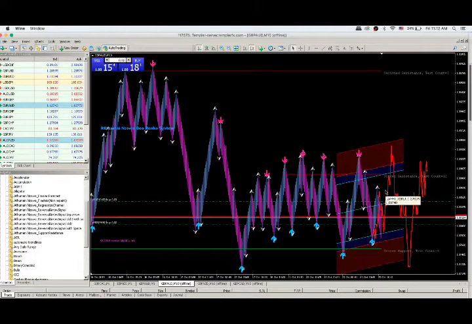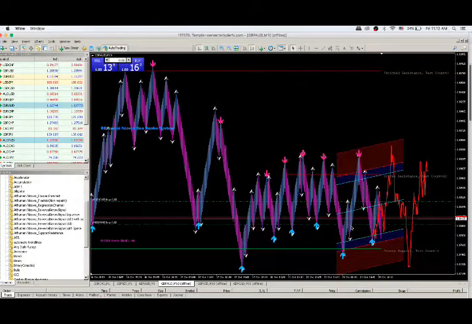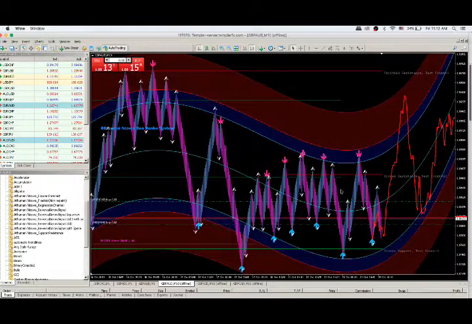Before, I was using a regression channel which actually looked like this. I can see the discrepancy of the current regression channel.